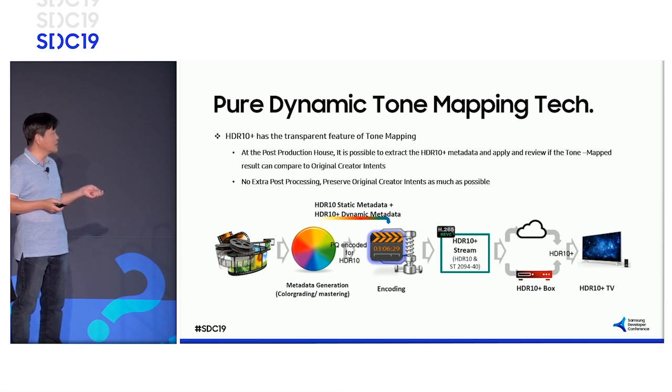But what they do is they encode and finally send that to the display device. Through this process pipeline, you need to generate the dynamic HDR10 plus metadata through this process, or even you can generate that through this process, or anywhere before arriving at the TV display. So this HDR10 plus technology is much, much more flexible than any others because you can generate the HDR10 plus metadata in any place.